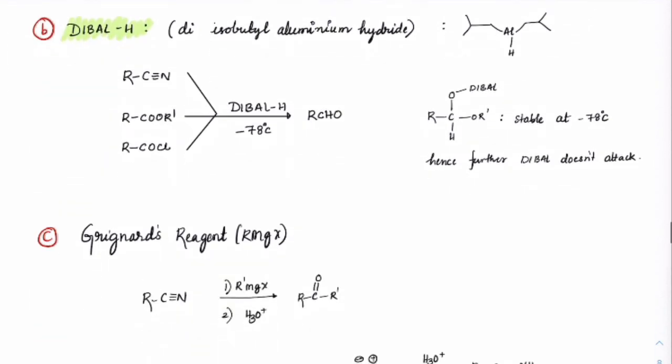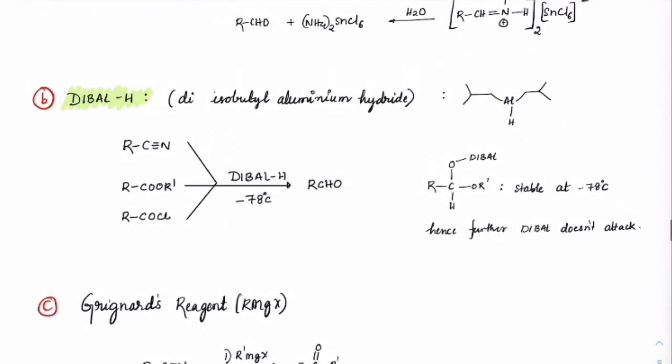Now another way to get aldehydes or ketones from cyanides is DIBAL-H. DIBAL-H is diisobutyl aluminum hydride. We have seen this before, and this usually is very stable at -78 degrees on addition to the nitrile. The addition will keep this DIBAL stable at -78, which means another DIBAL will not attack on this carbon.